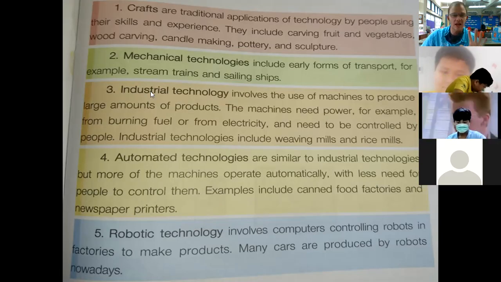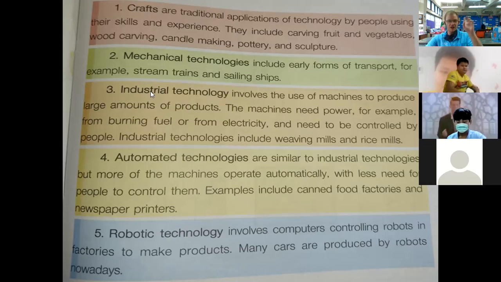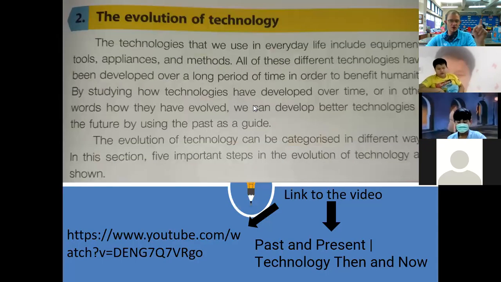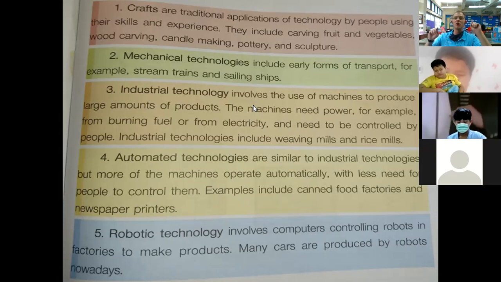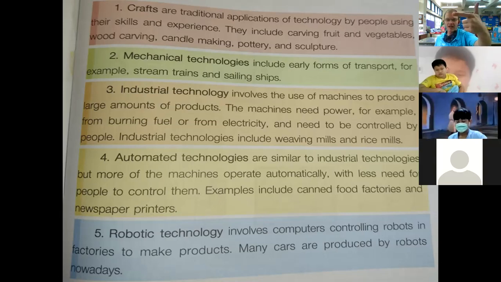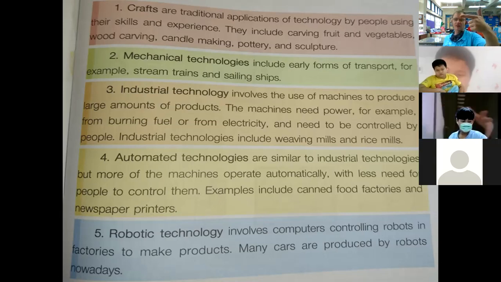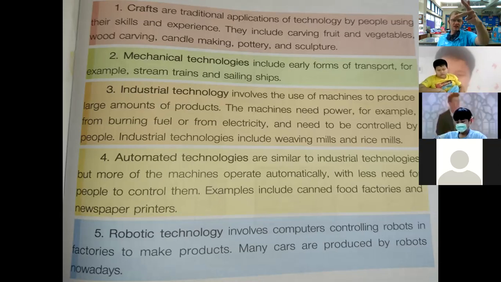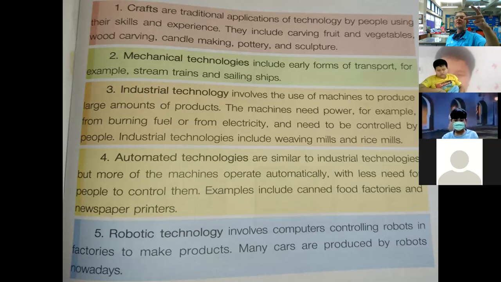Okay, maybe we have some time to do that now. But first, let's quickly see again the evolution of technology. We have our crafts, people using their hands to make it. Our mechanical technologies, like the way we use transport. Industrial technologies, big factories making stuff in bulk.